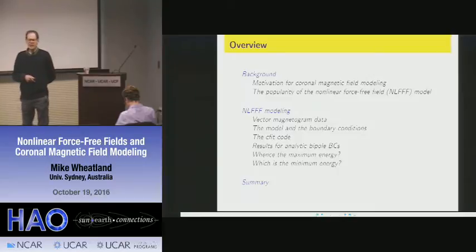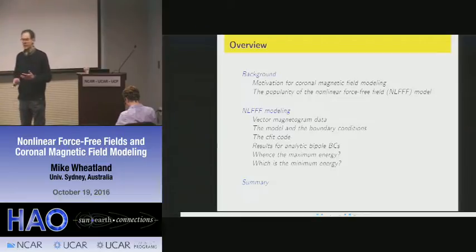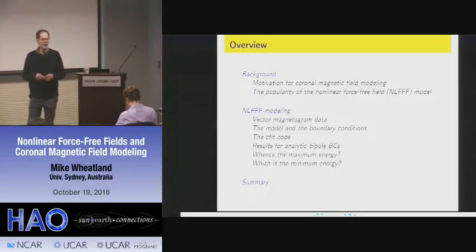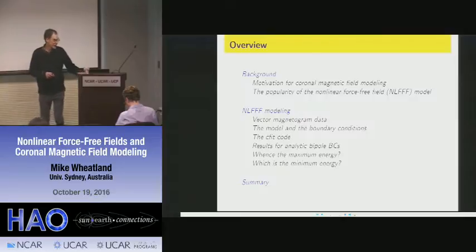And I'll identify some properties of the solutions, in particular the fact that with this numerical investigation, for given boundary conditions, you can find nonlinear force-free solutions up to a maximum value of the energy of the fields that you're calculating. I'll say something about that. I'll also talk a little bit about the minimum energy state for the given boundary conditions, and identify something interesting about that I've been thinking about recently.